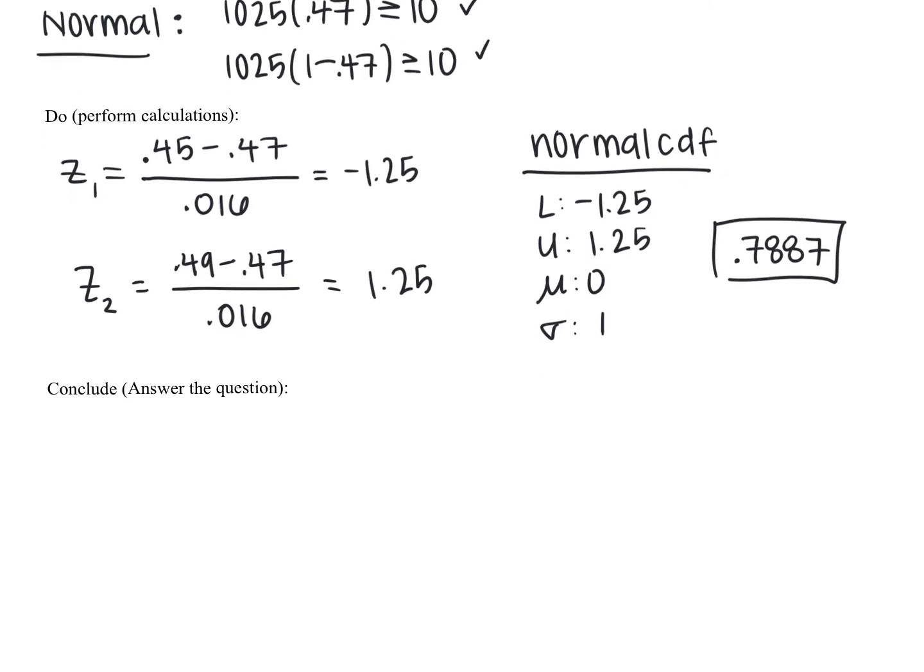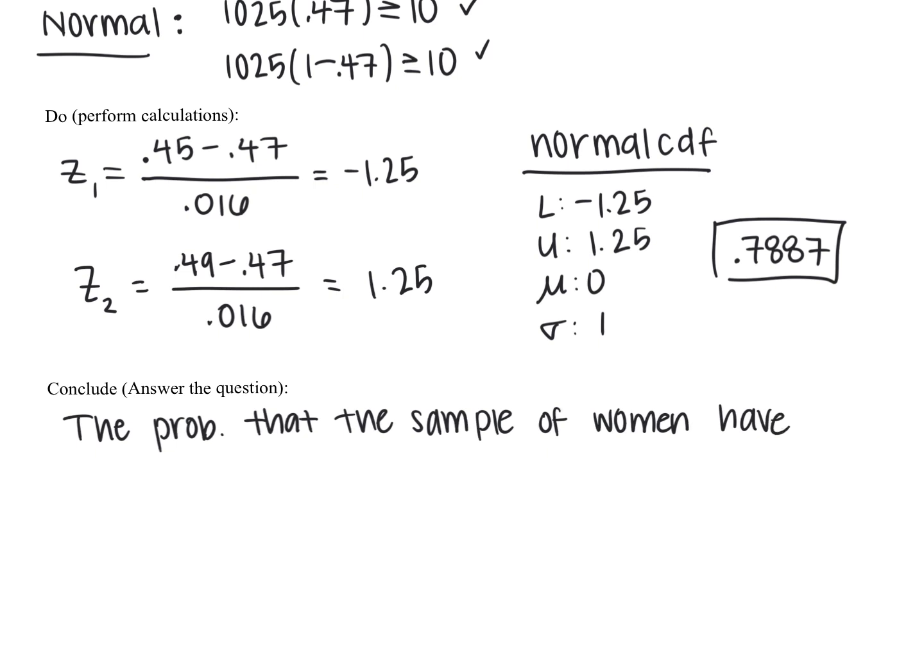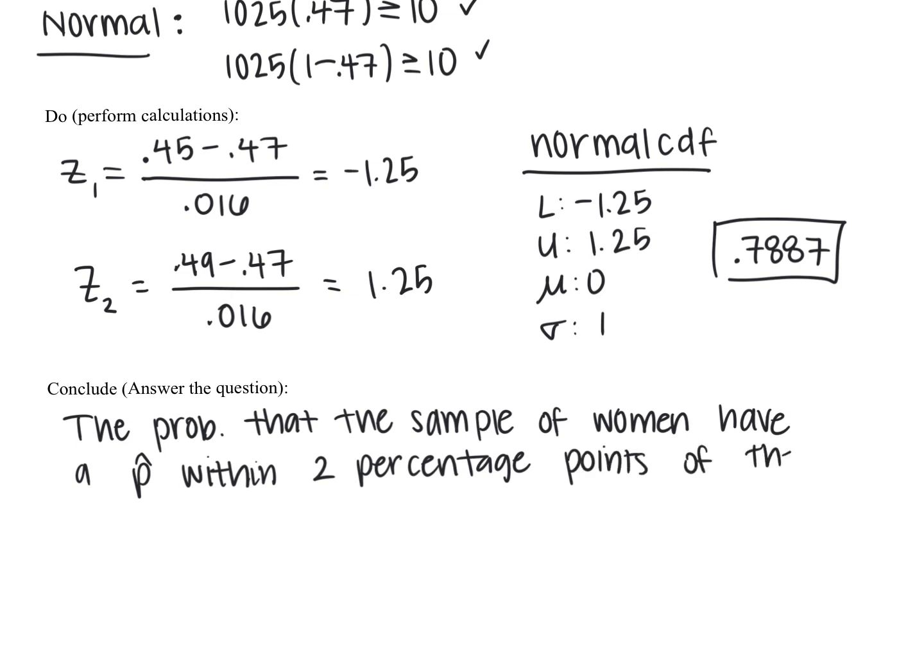Okay. So now my conclusion is going to be a sentence. So the probability that the sample of women have a p-hat within 2 percentage points of the true value is 0.787.